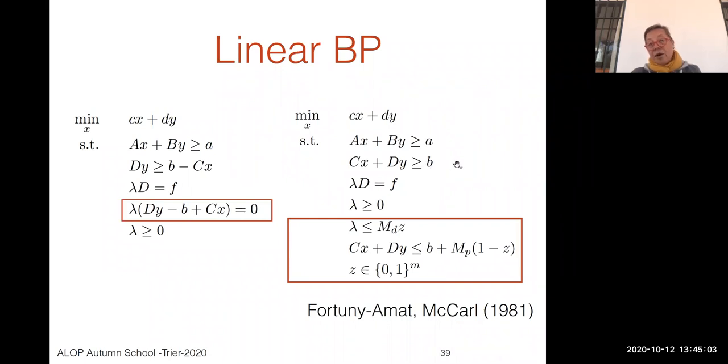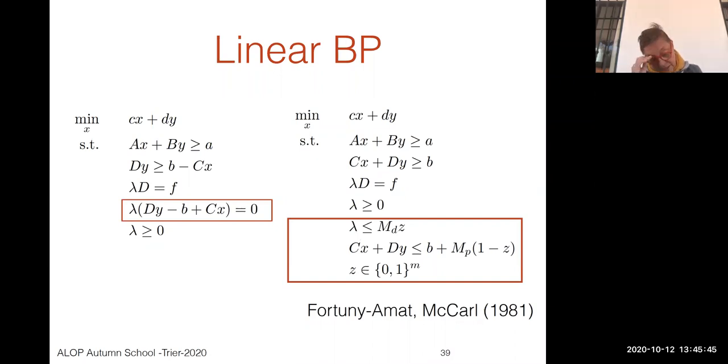Given that from the constraint in the original model this must be bigger than or equal to b, you force this equal to 0. Okay, so this is if zi is equal to 1. If zi is equal to 0, you are going to force lambda i to be equal to 0, which means that you always satisfy this, because lambda i must be smaller than or equal to 0, given that it must be non-negative, you're done. But of course, you need now those big M values.